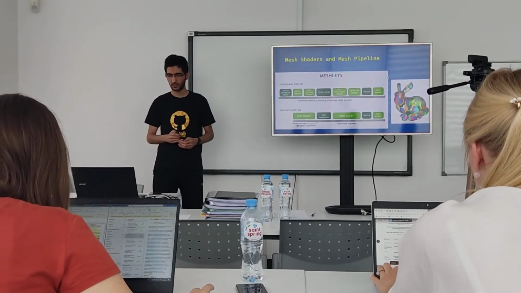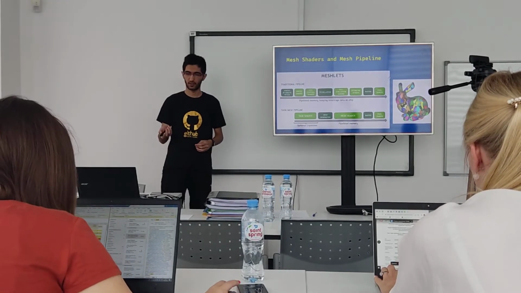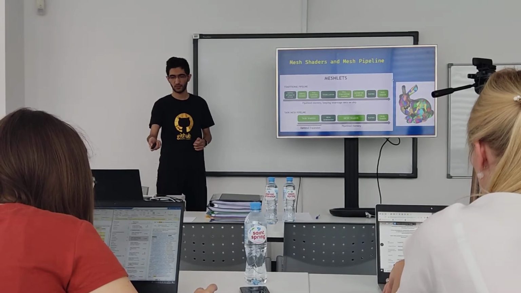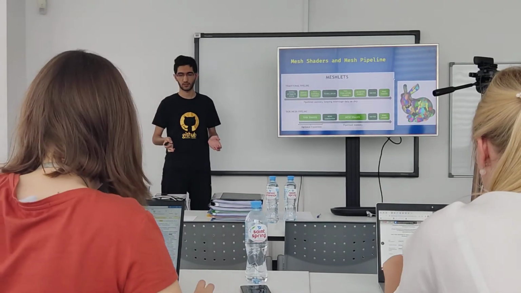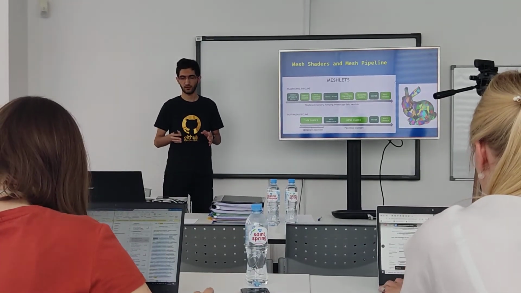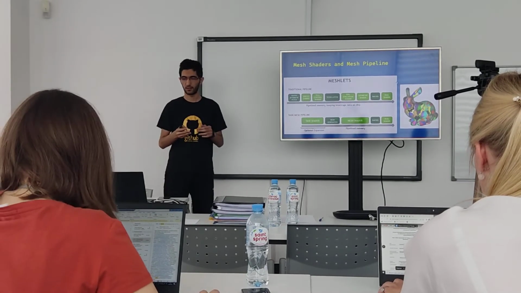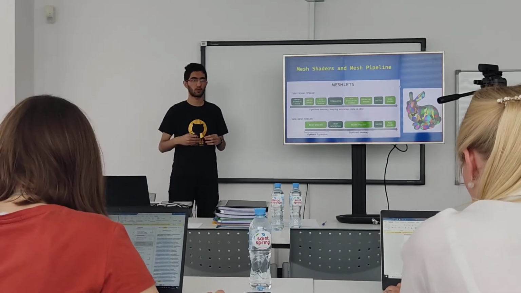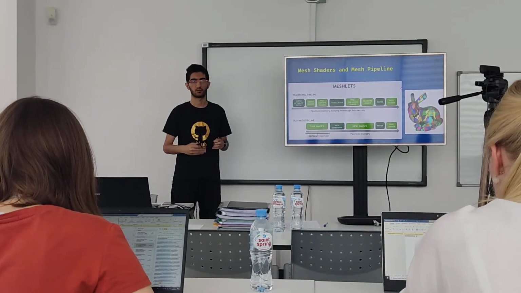Mesh shaders basically provide us with a new pipeline called the mesh pipeline. We have first the task shader, which distributes work among mesh shaders, and then the meshes are generated. Let's say this rabbit is a mesh, and then we can program each thread to do what we want.